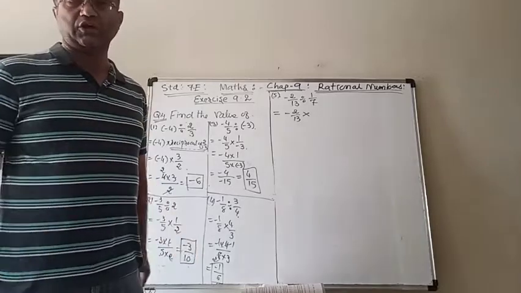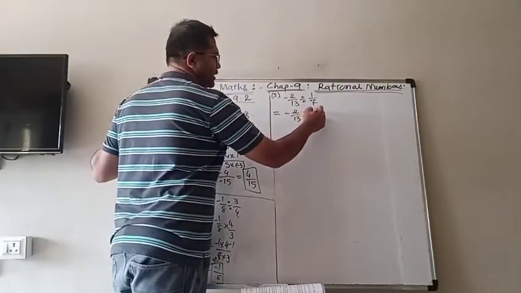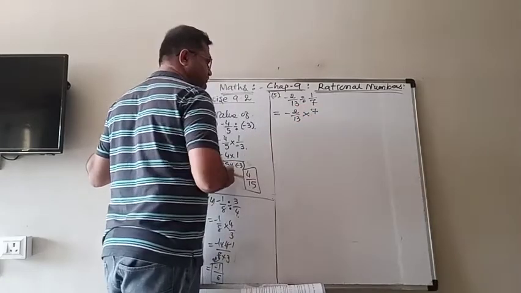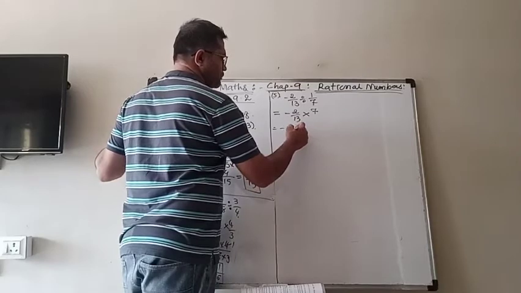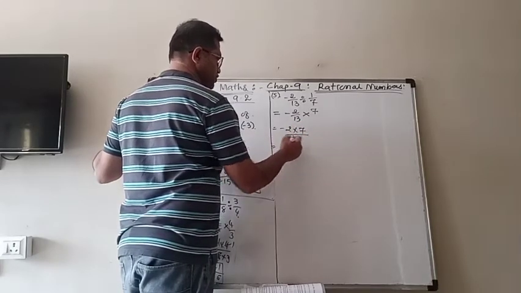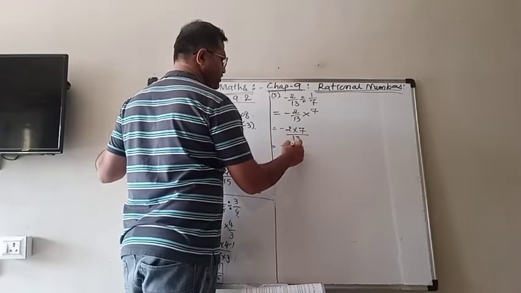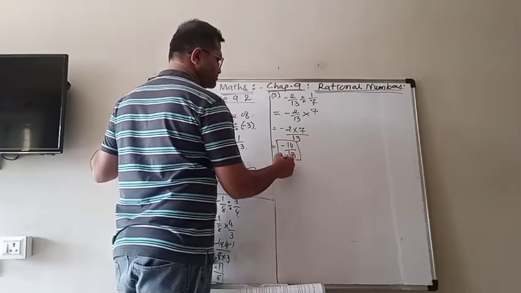What is the reciprocal of 1 upon 7? It is 7 upon 1, but you can write down only 7 also. So now minus 2 multiplied by 7 upon 13. So 7 twos are 14. So minus 14 upon 13.